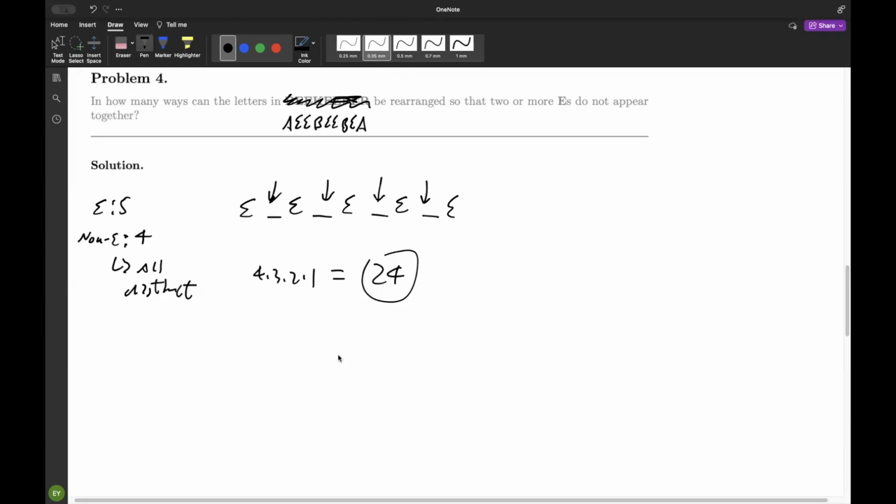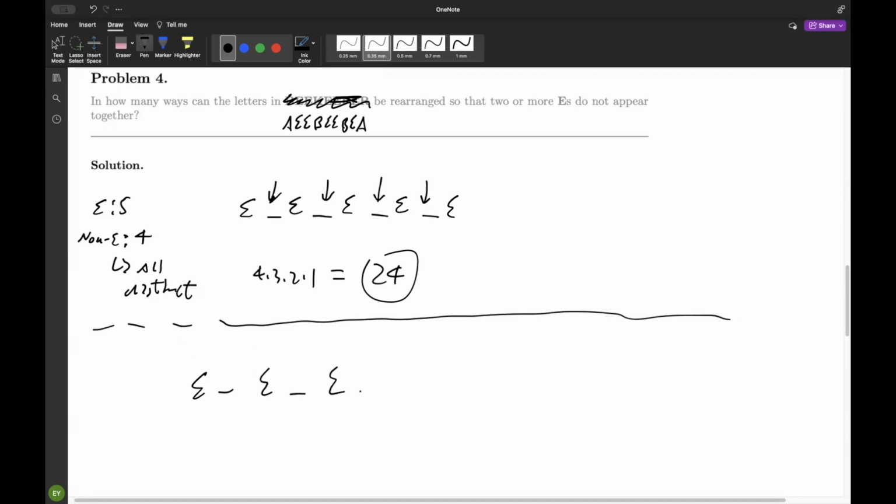So, okay, this one, we have four spaces for E, I mean, for non-E, right?